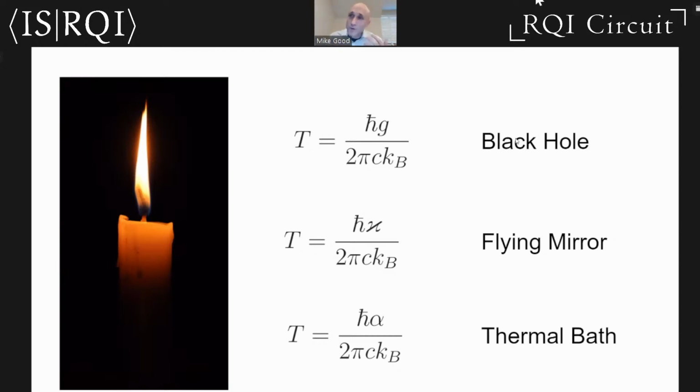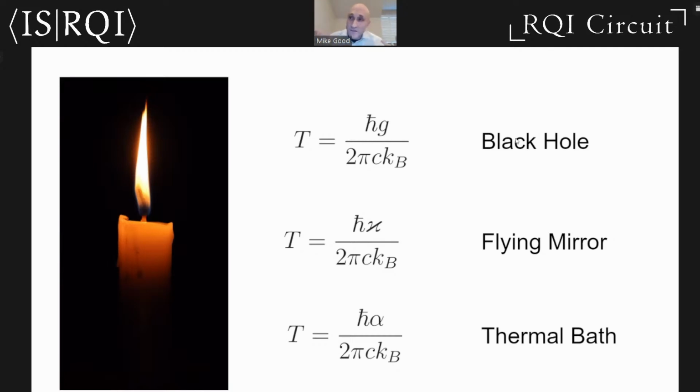Now, there is a flying moving mirror model, which has been well known since the 1970s to also be an analog for black hole evaporation. And it has a temperature too, where this variable kappa represents an acceleration scale that characterizes the trajectory, the equation of motion of the moving mirror itself. It also uses quantum fields and is a thermodynamic and relativistic effect.